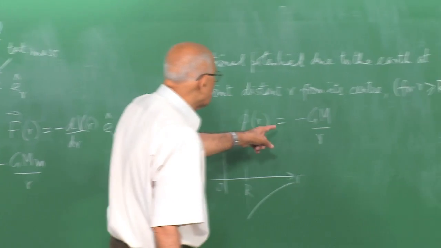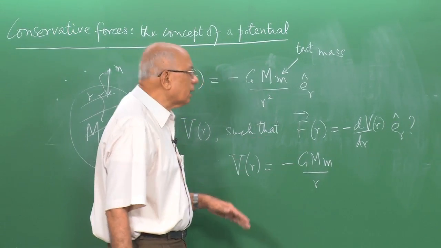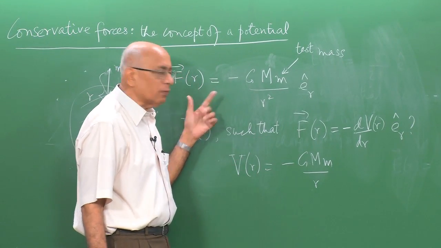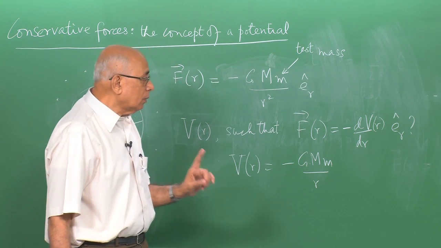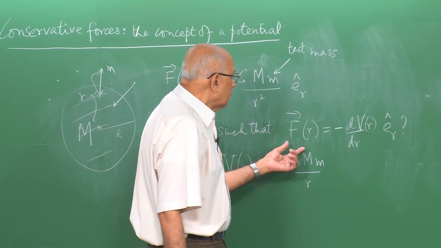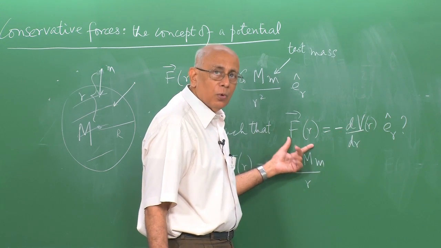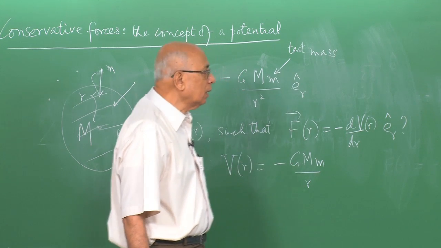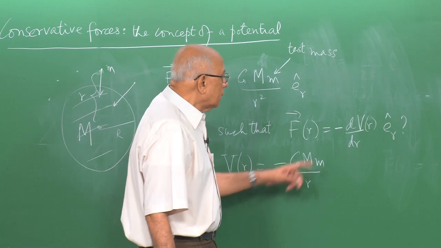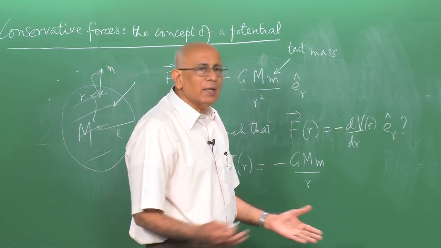The fact that you have a scalar function which gives you all the information that's actually contained in the force itself. Now you might have one very important question, which is the following. After all, if you have the derivative of this function equal to this force, and this is what is physically measurable, you could always say that if I add a constant to this potential, it doesn't get differentiated at all.